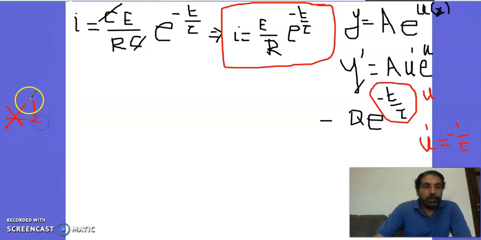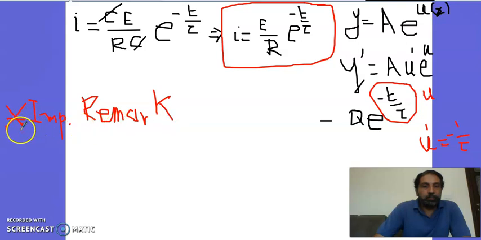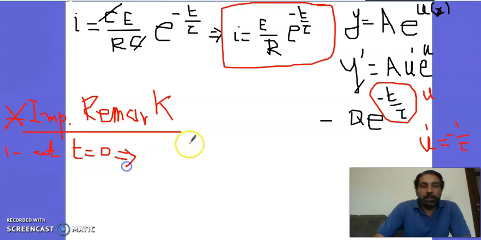Important remark. Notice here, first remark, at t equal to 0, for time 0, let's find the charge.